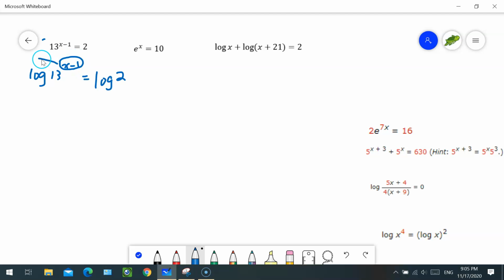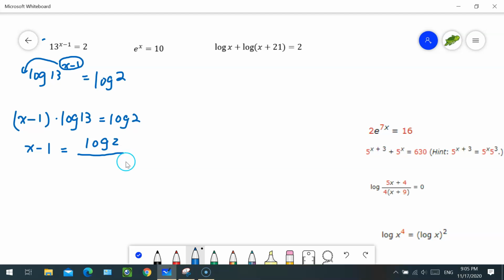Now we swing this power to the front. So you will have x minus 1 times log 13 equals log 2. Now we divide by log 13 on both sides. So the right hand side, you'll have log of 2 divided by log of 13.